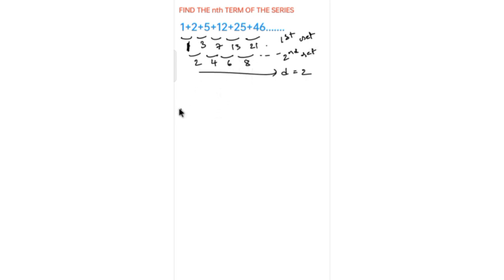So for this I already told you that Tn would be A into (n minus 1)(n minus 2)(n minus 3) plus B of (n minus 1)(n minus 2) plus C of (n minus 1) plus D. The important point is, if the third set of differences are in AP, you can just extend this.